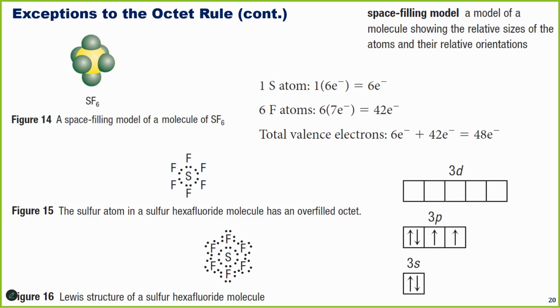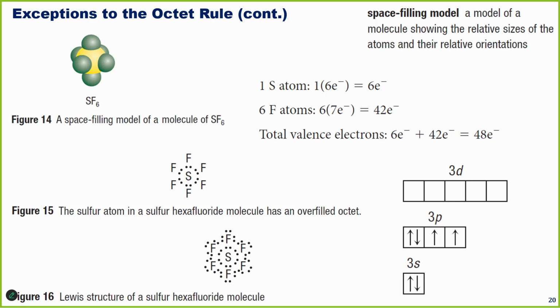An example of an atom exceeding the octet rule is the sulfur atom in sulfur hexafluoride, or SF6. A space-filling model shows the relative sizes of the atoms and their relative orientations in 3-dimensional space. So here, figure 14 shows a space-filling model of sulfur hexafluoride.